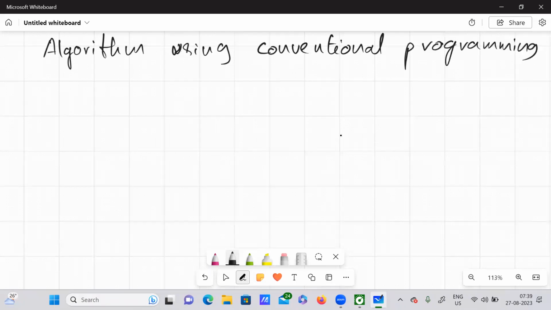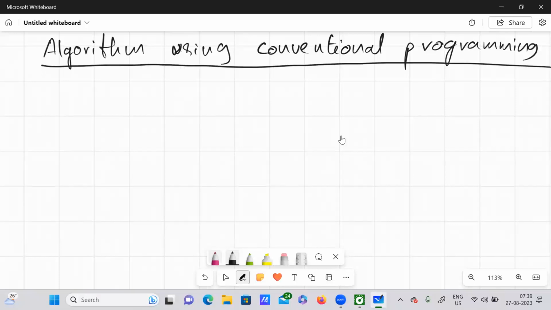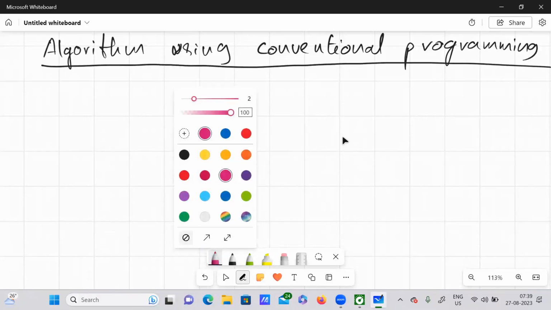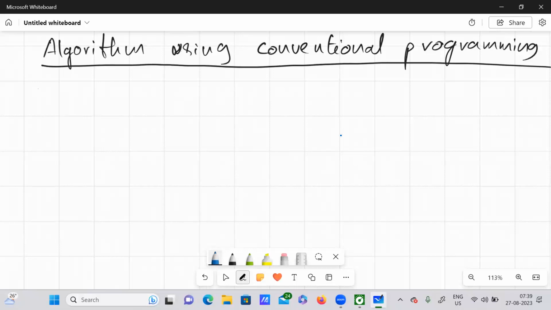For example, I want to write an algorithm using conventional programming. So how to do that? We'll just look in a moment. Okay, so I want to write an algorithm using this traditional programming method. So how to do that?